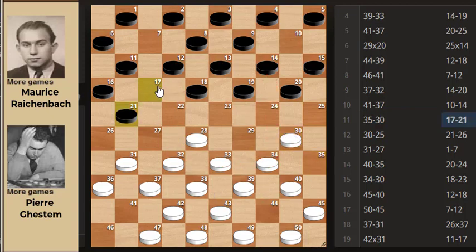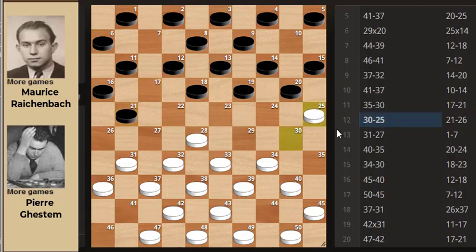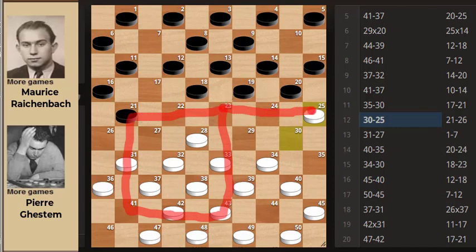Morris played 17-21. Let's see how Ghestem answered this move. Ghestem played 30-25. If you draw the square, this time we are going to have two squares.